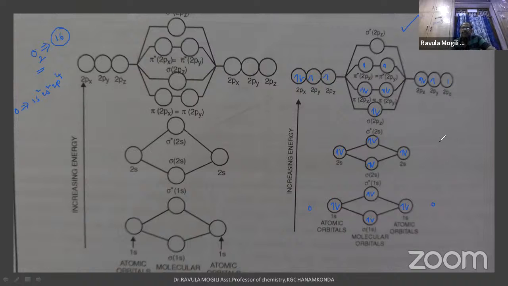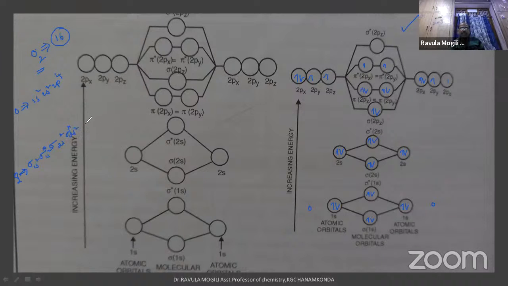Now you observe the molecular configuration for O2: sigma 1s2, sigma star 1s2, sigma 2s2, sigma star 2s2.